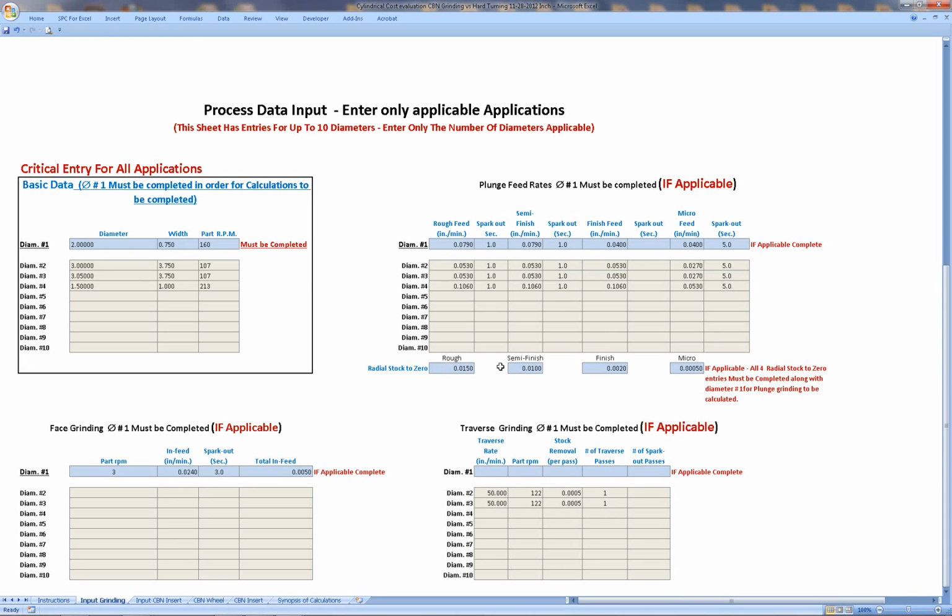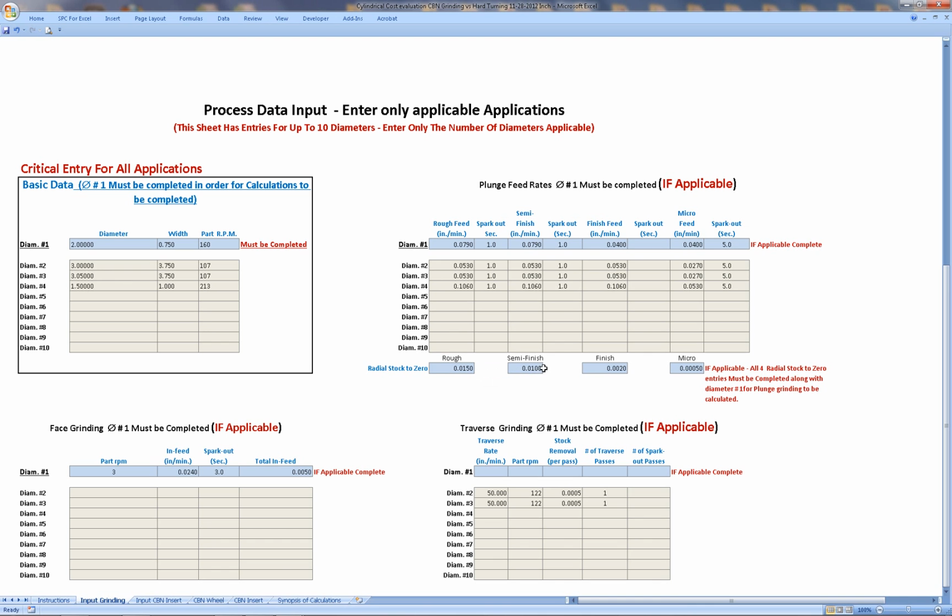Then from the rough to the semi-finish. Now, I want to let you know that this could be different nomenclature, not necessarily rough, semi-finish, finish, and micro. It could be anything, but all we have is 4 in-feed numbers. So the first, what we're calling rough, down to the semi-finish, which would be the second plunge, is a total of 5 thousandths. We're going from 15 thousandths down to 10 thousandths, which is where we come up with the 5 thousandths.